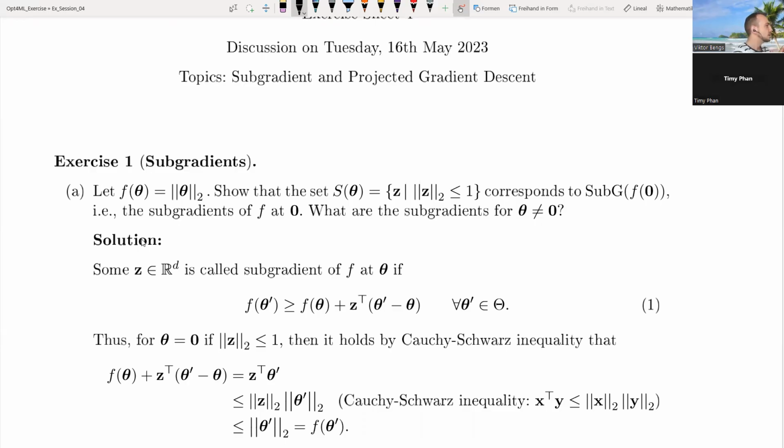So what do we have here? We have as our objective function simply the Euclidean norm of the input vector theta, so not squared. This is important that it's not squared. If it's not squared, then the function is actually not differentiable at the point 0.